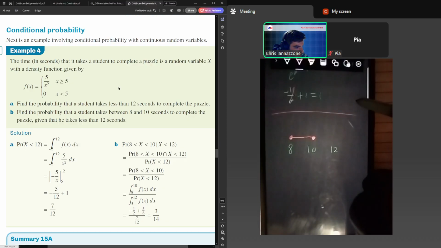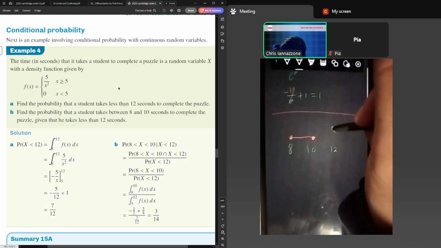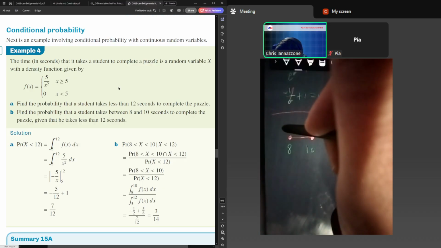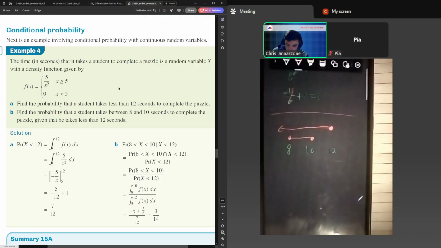The second domain is less than 12. When it's continuous, you don't care about dark circles versus open circles, because we don't jump immediately from 11 to 12, for instance. We jump to 11.999 recurring. So whether you use a dark circle or an open circle is whatever. Those are the two domains. Is it clear enough how we got those?